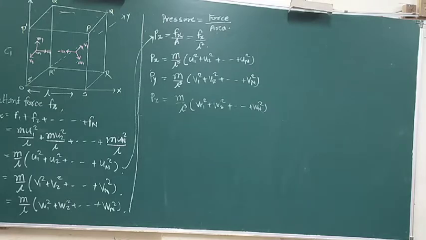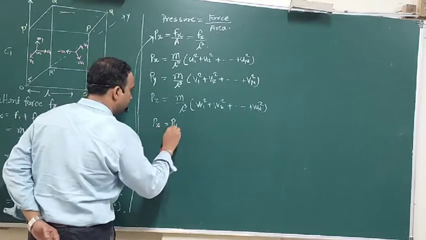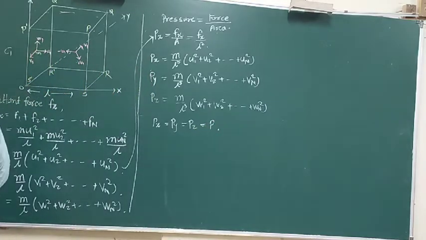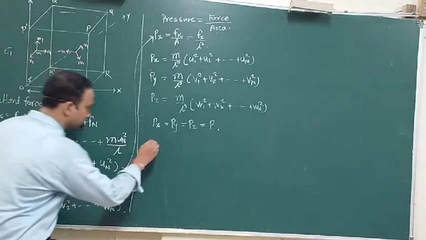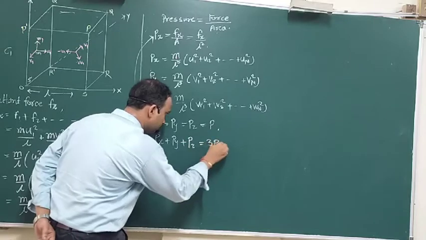Okay. Now, as the pressure exerted by a gas molecule is the same in all directions, Px is equal to Py is equal to Pz is equal to P. Okay, so we get Px plus Py plus Pz is equal to 3P.